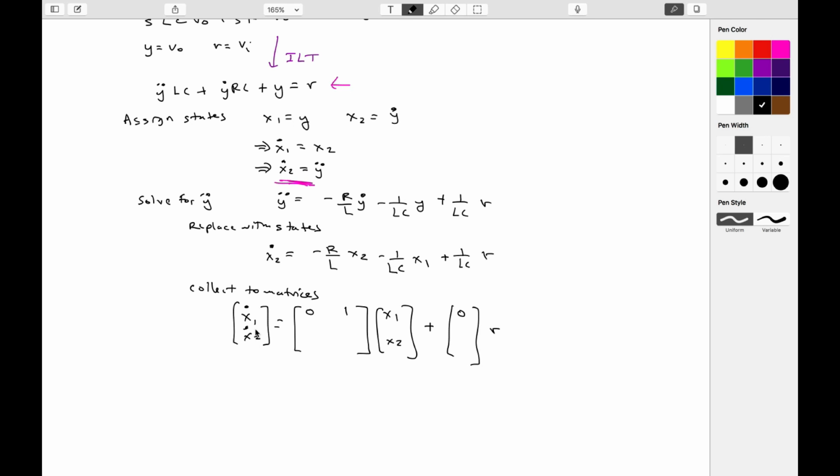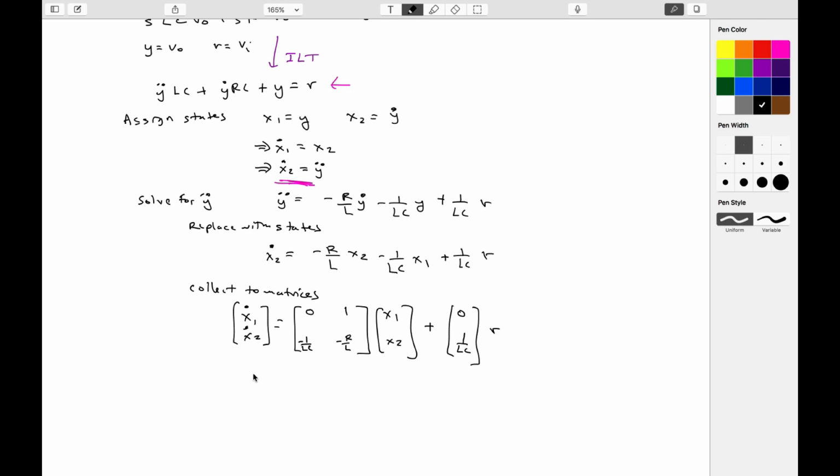All right, x2 dot is equal to minus 1 over LC times x1. So that's minus 1 over LC times x1 minus r over L times x2 and plus 1 over LC times r.